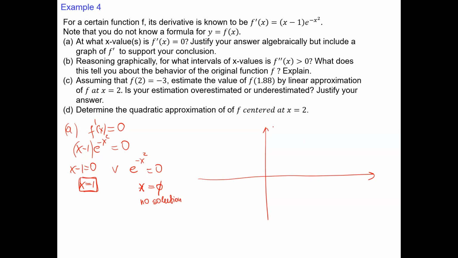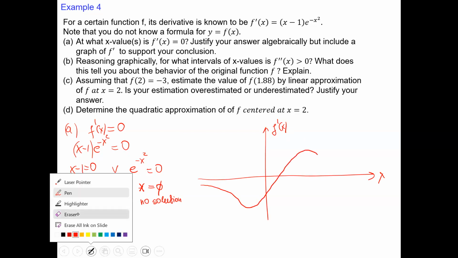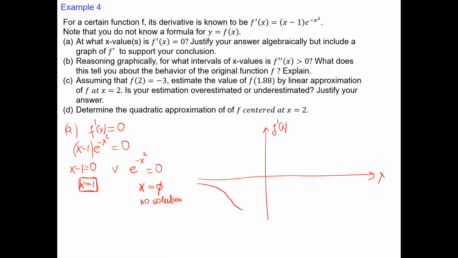That means this will be the graph of the derivative. I don't know if I can make this. Okay, the graph looks something. Oh, this is supposed to be lower. Yeah, I'm just copying. I just remember a little bit.